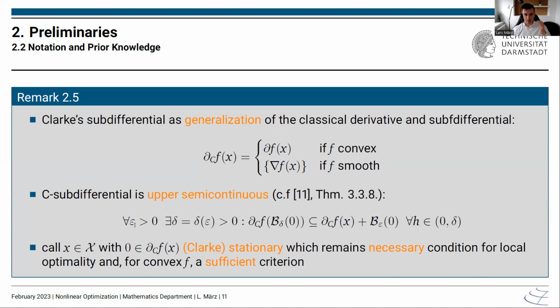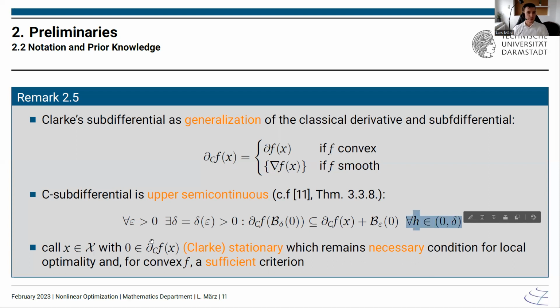So for all epsilon, you can find such a delta depending on epsilon, such that this ball of inputs doesn't produce an output which is outside the actual output plus a small ball which extends this set. So it's really a continuity notion.